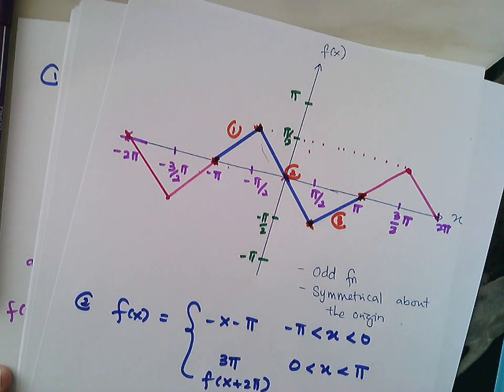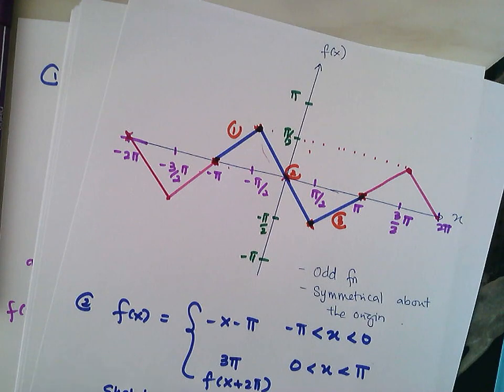Okay, and you are asked to sketch between the range x greater than negative 3 pi and less than 3 pi. So how are you going to sketch this function?